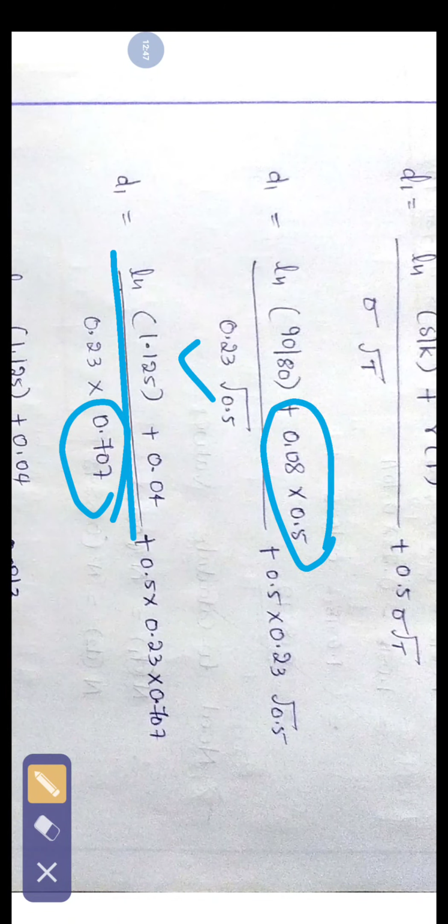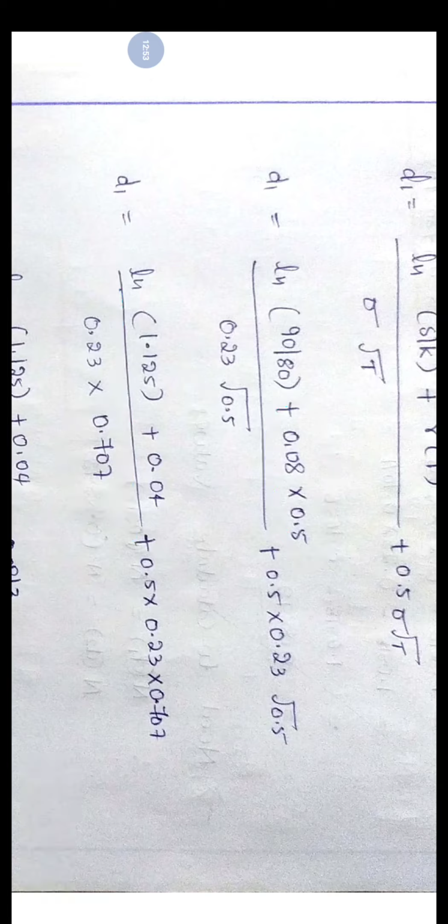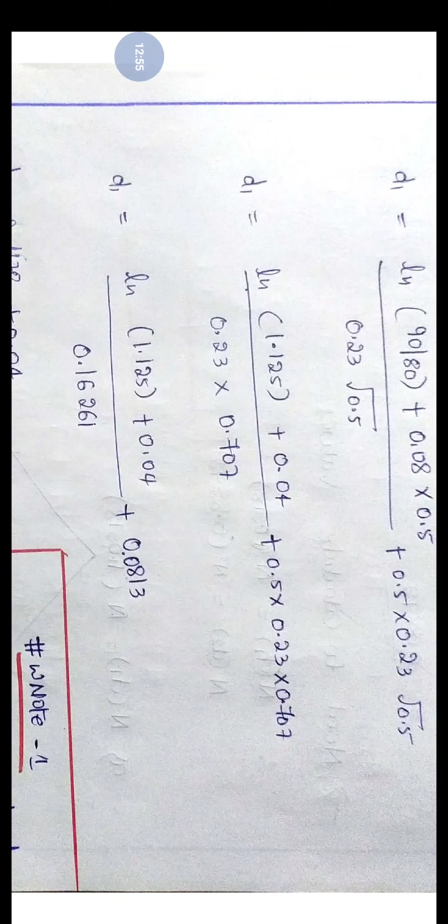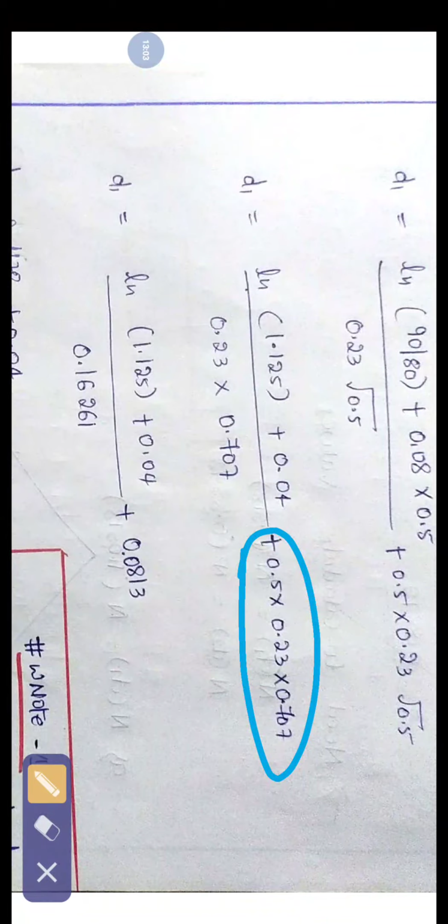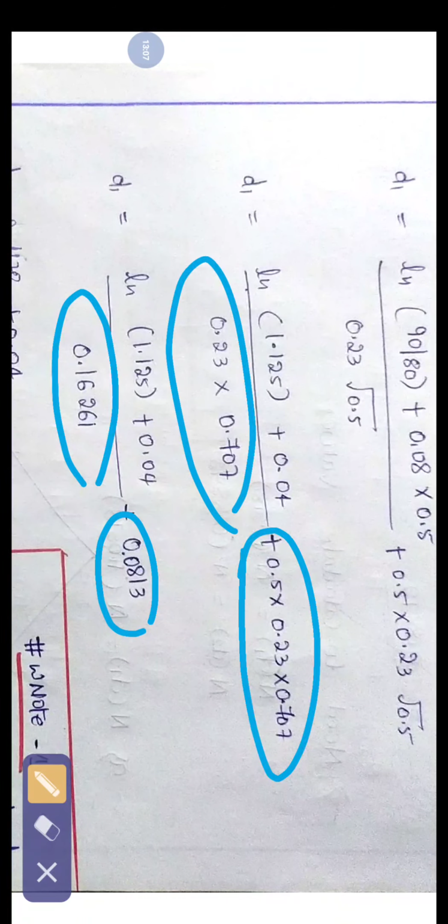So plus 0.5 as it is into 0.23 and square root is 0.707. So next, as it is, take ln 1.125 plus 0.05. Next, multiply all these three numbers, you will get 0.0813. Multiply these two numbers, you will get 0.16261.